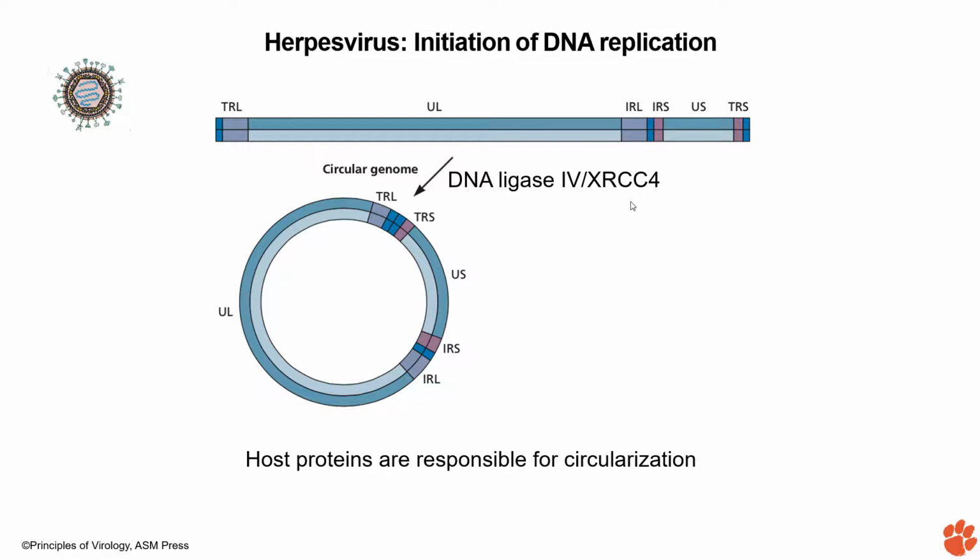XRCC4 is entirely different. It is X-ray cross complement. So if you have a DNA breakage due to X-ray or irradiation, this is the protein that repairs or closes that DNA. So it's a DNA ligase. So it is circularized. These are host proteins, remember that. These two are important host proteins responsible for circularization.